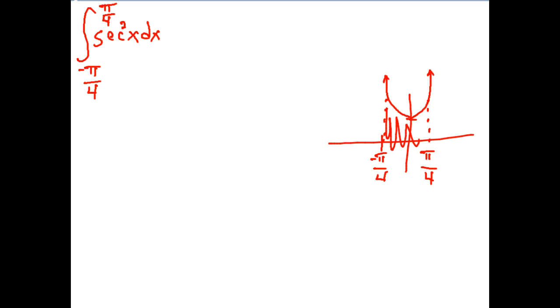And so we're looking at this area underneath here. Now, looking at that area, that is not a nice shape. It's not something that we could use geometry to find.